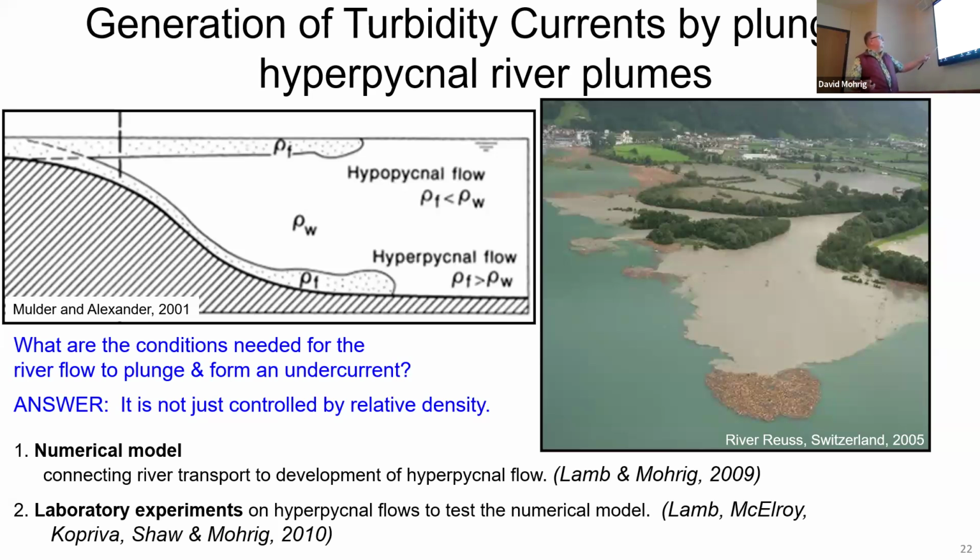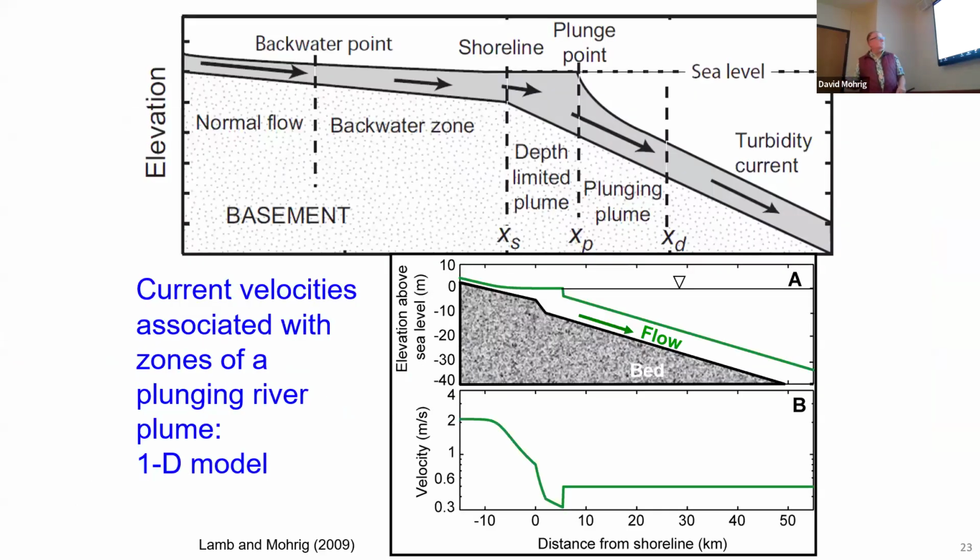So we want to talk a little bit about what happens when a river is providing the turbid water that makes the turbidity current, because it's probably the most likely way that we get these kinds of flows. I did a lot of work with this with Mike Lamb a number of years ago when he was here as a postdoc before he went to Caltech, and there was a lot of talk about hyperpycnal flows and about rivers delivering sediment into deep water, because Thierry Mulder and Jaya Savitsky had written a paper saying, well, all you need is the suspended sediment concentration to be more than like 1.6%, and it's denser than seawater.